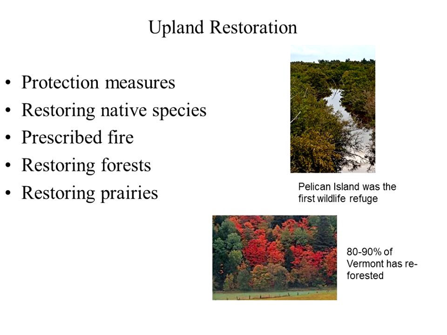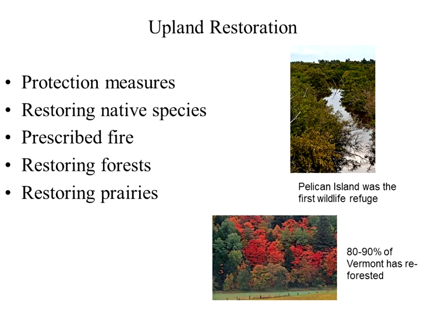So like I said, these restoration efforts can be quite powerful. So upland restoration can include protection measures, restoring native species, prescribed fire, restoring forests, and restoring prairies.